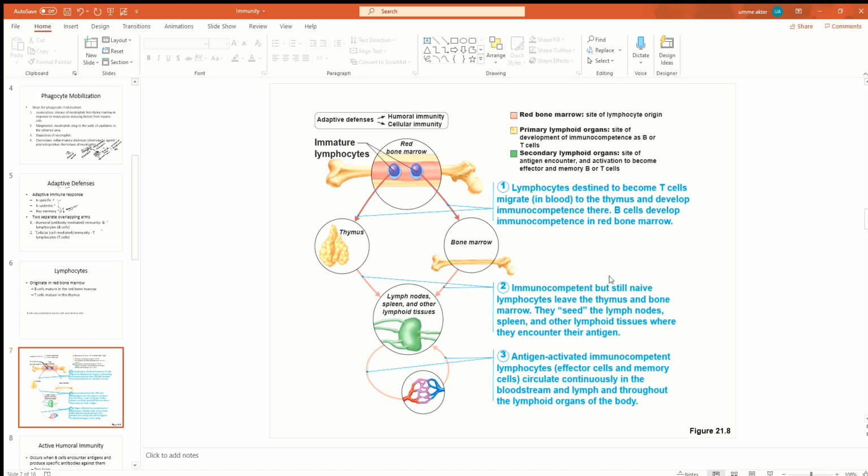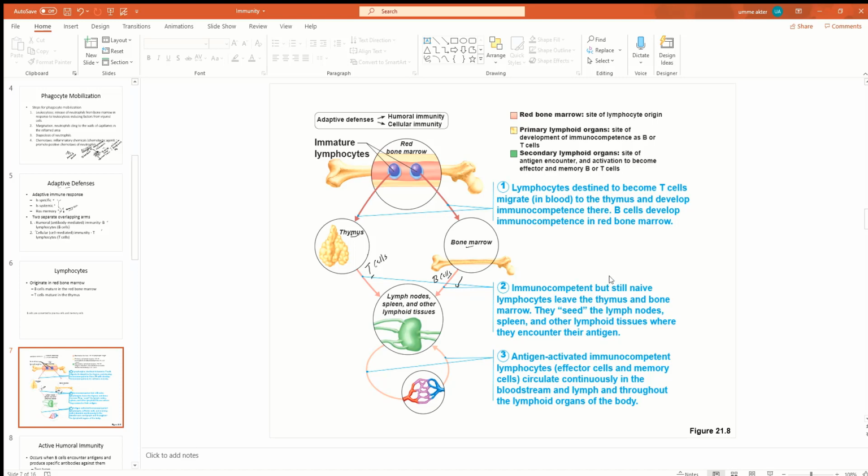All blood cells are produced in the bone marrow, right? And the lymphocytes are produced first. They are naive. They don't know how to fight. Then some lymphocytes will go to the thymus and will become matured there, immunopotent there. And when they come out from the thymus, they are called T lymphocytes or T cells, and those that get matured in the bone marrow and come out from the bone marrow are B cells. Makes sense, right?